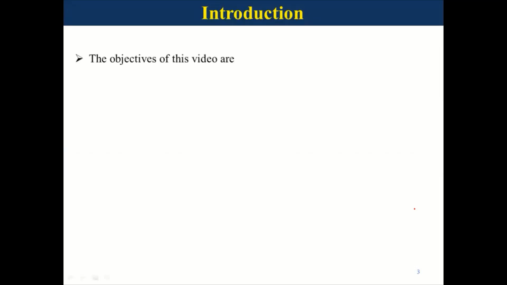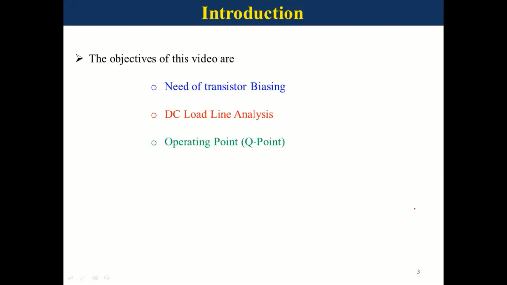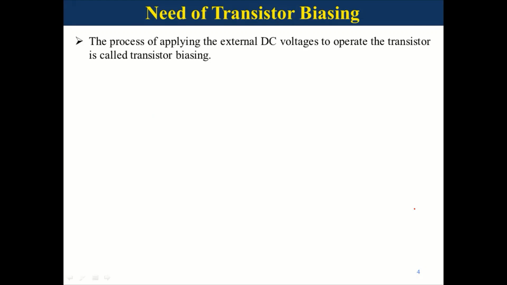Introduction. The objectives of this video are need of transistor biasing, DC load line and analysis, and what is operating point. Need of biasing the transistor. The process of externally applying DC voltages to operate the transistor is called transistor biasing.